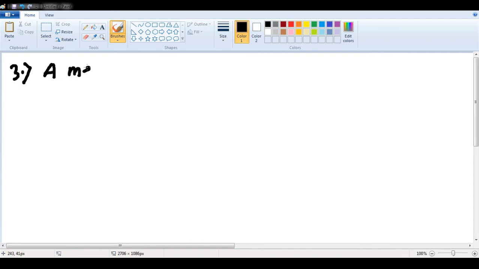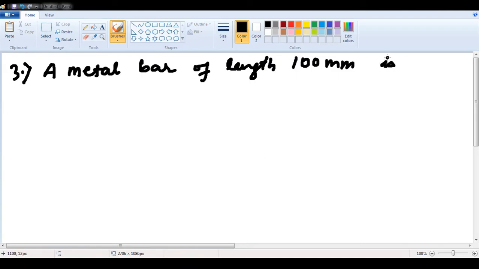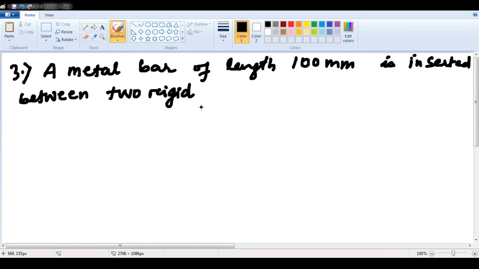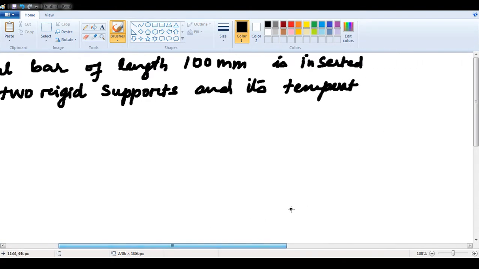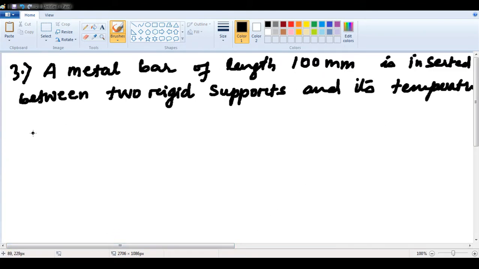The question is: a metal bar of length 100 mm is inserted between two rigid supports and its temperature is increased by 10 degree centigrade.